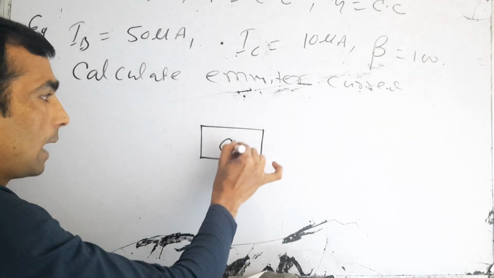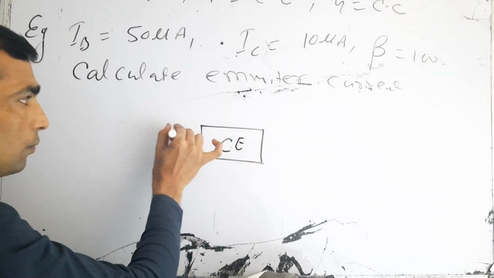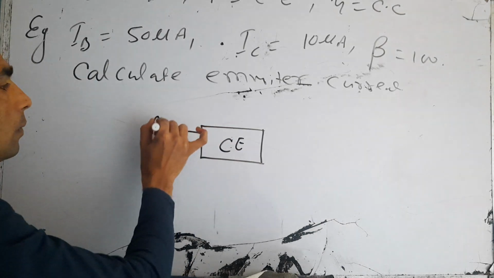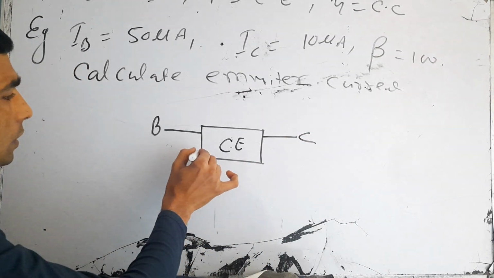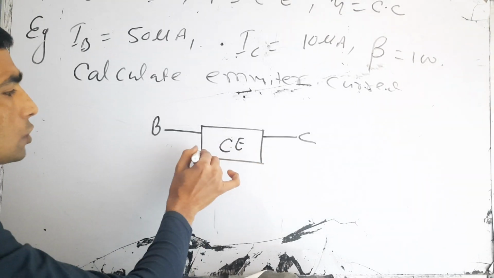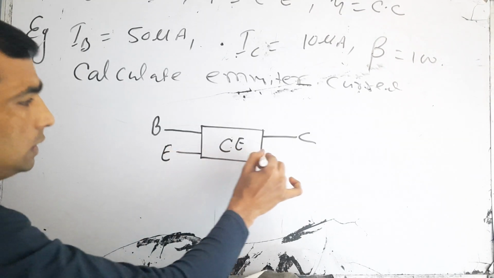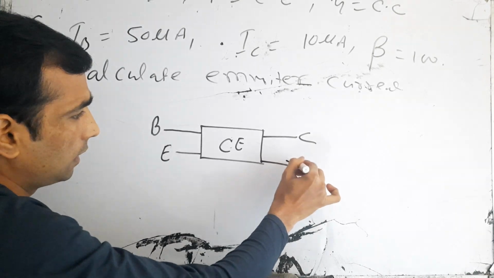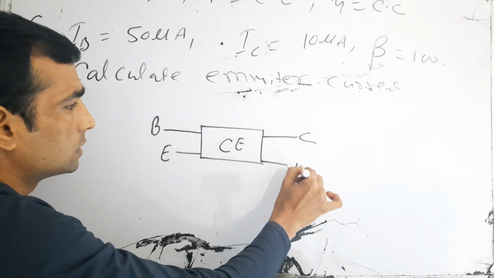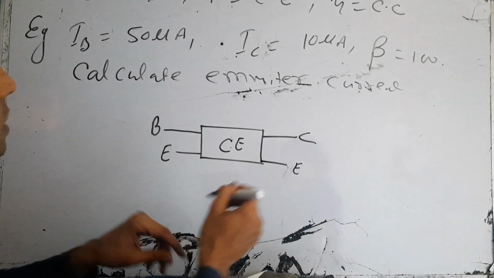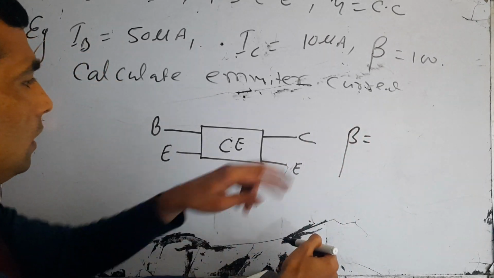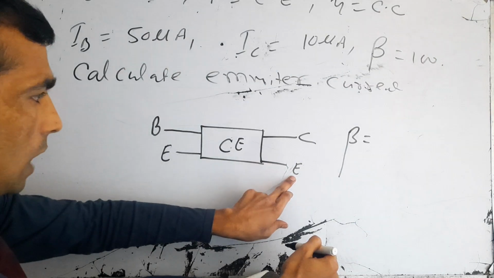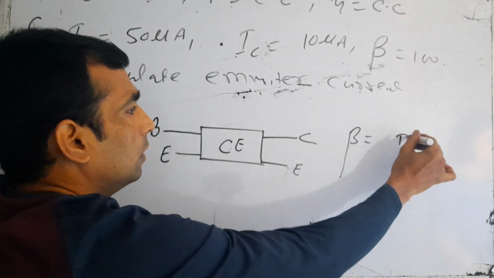This is the common emitter. First you add input at the base and output at the collector. Emitter is common, so you add emitter in the input as well as in the output. Beta means IC upon IB.